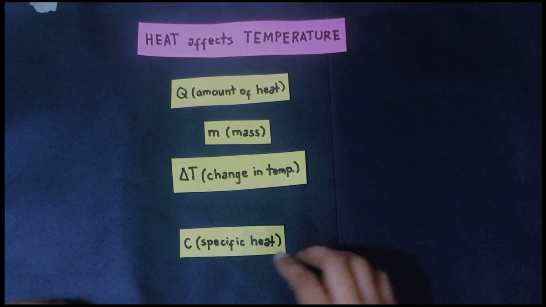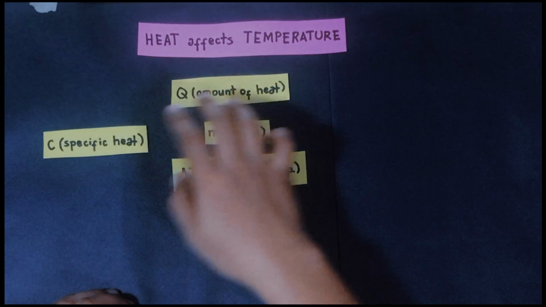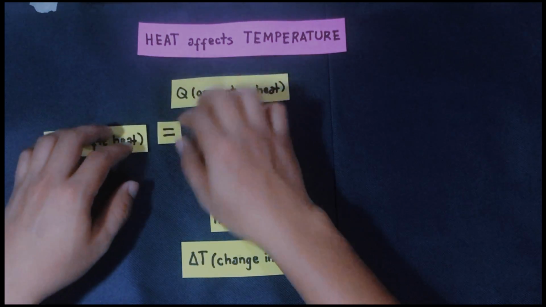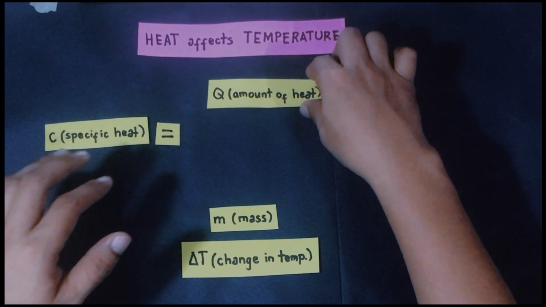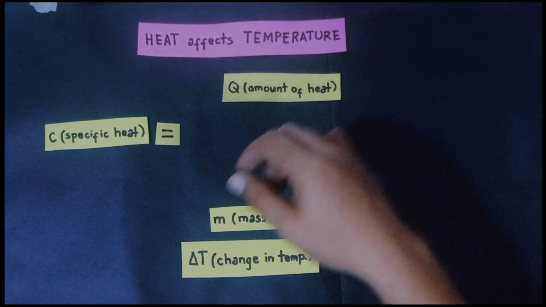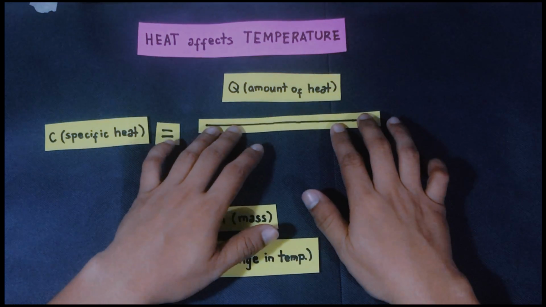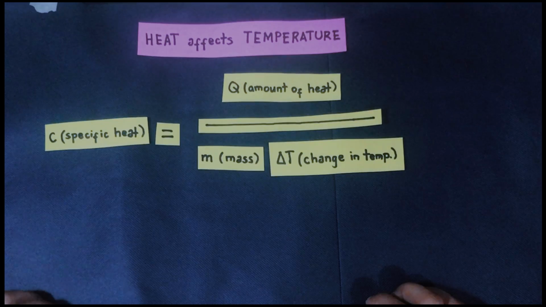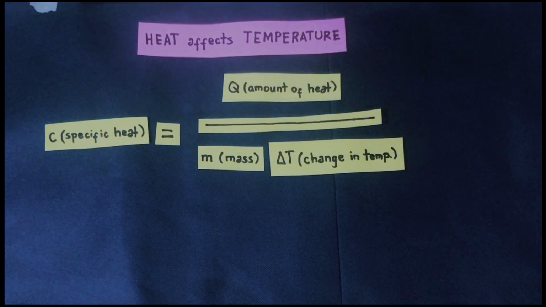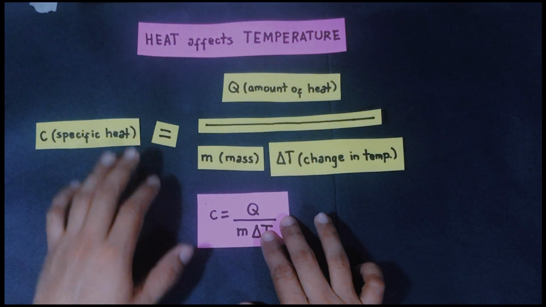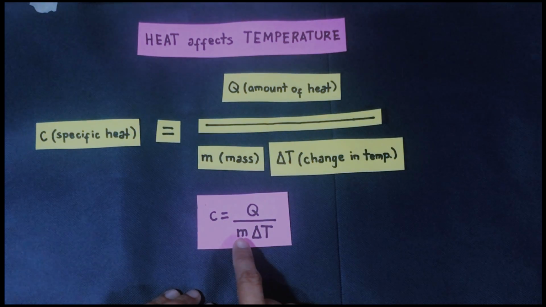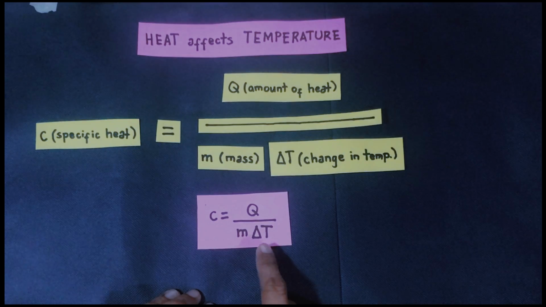Specific heat is mathematically expressed by C is equal to the amount of heat divided by mass times delta T. Or in short, C is equal to Q divided by M times the change of temperature.